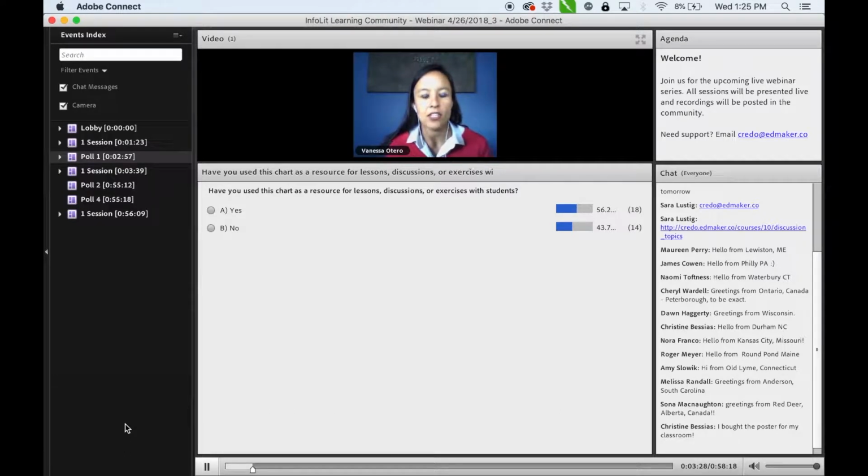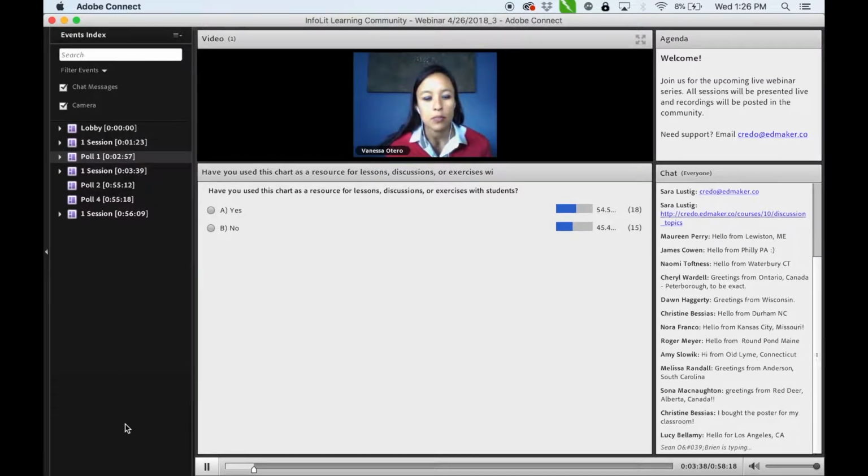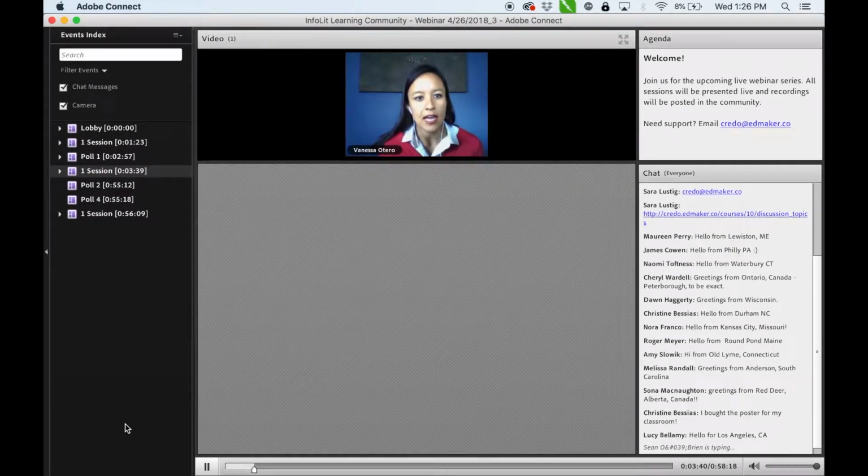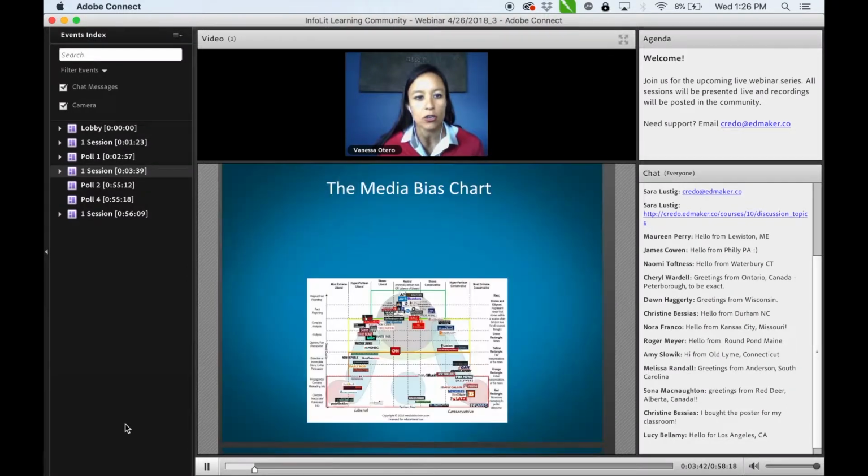I have the chart pulled up in a couple of my slides, but if you want to refer to it, especially if you're not familiar with it, just pull up another window so you can have it for reference. Go to mediabiaschart.com. That redirects to my blog called allgeneralizationsarefalse.com, and you should be able to see right near the top there a JPEG of it and blow that up.